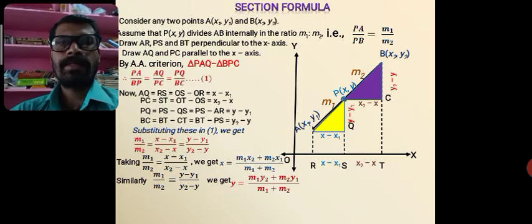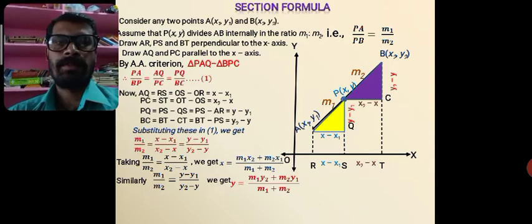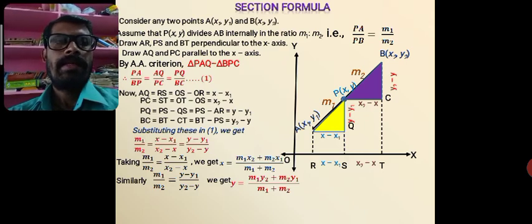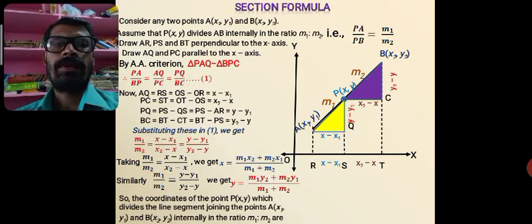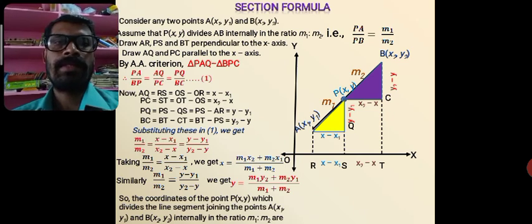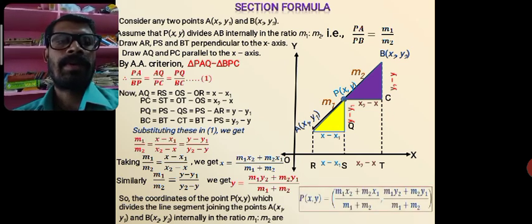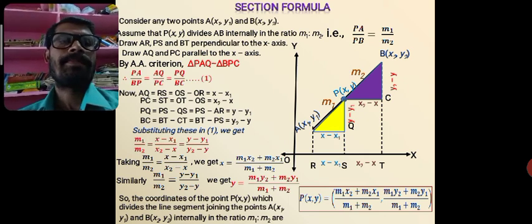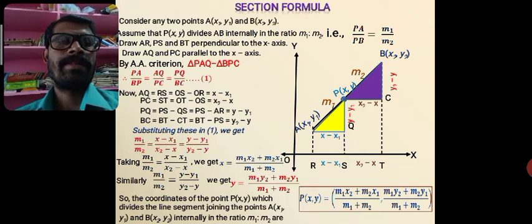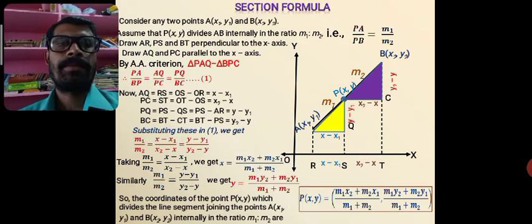So we have to represent it in coordinate form. Therefore, the coordinates of the point P of xy, which divides the line segment joining the points A of x1 y1 and B of x2 y2 internally in the ratio m1 is to m2, is given by P of xy is equal to x ordinate m1 into x2 plus m2 into x1 by m1 plus m2, and y ordinate m1 y2 plus m2 y1 by m1 plus m2.